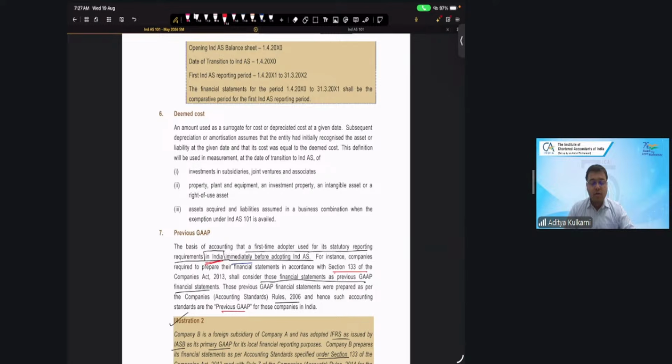Now, if I have to give an example, items which appear in AS but need not appear, or which do not appear in AS but need to be shown under Ind AS. For example, bills receivable discounted. Discounting of bills receivable.